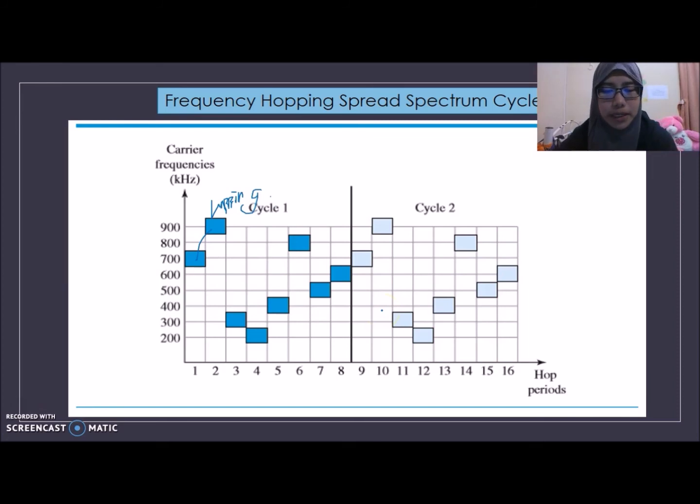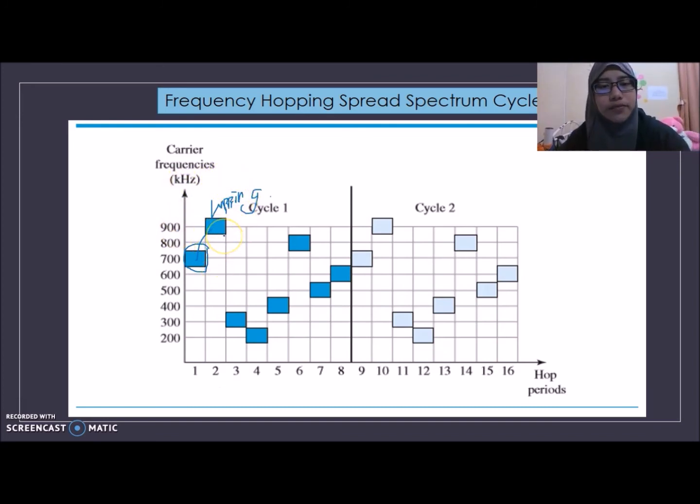This is what we meant by: if the hopping period is short, a sender and receiver can have privacy. This is because when the intruder reads this data, and then the frequency hops to another position, which is at 900 kilohertz, the data will be different.